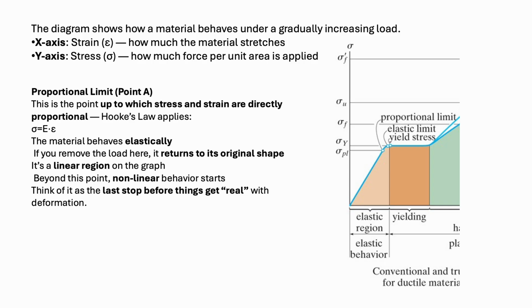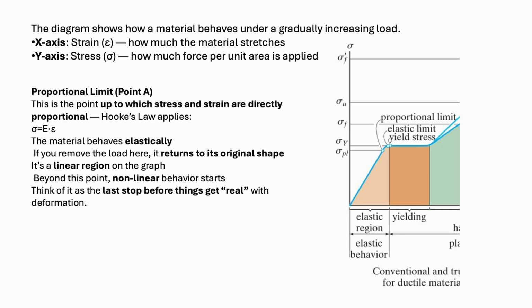So let's explain the proportional limit. That is the first point you can notice, the point up to which stress and strain are directly proportional. This is the elastic region, and only in that region does Hooke's law apply. That means stress is equal to the modulus of elasticity, which is a property of the material, times epsilon, which is our strain.